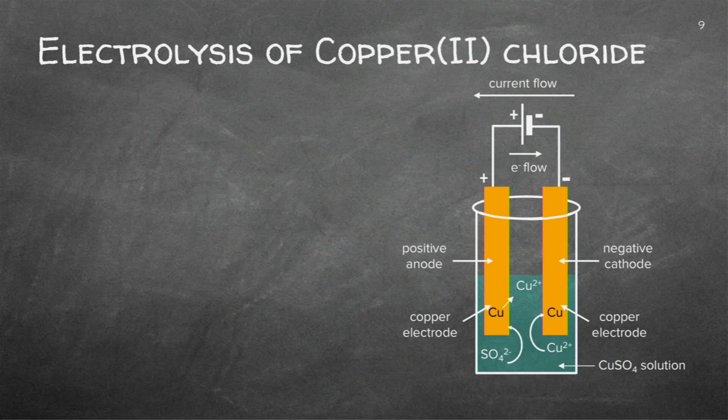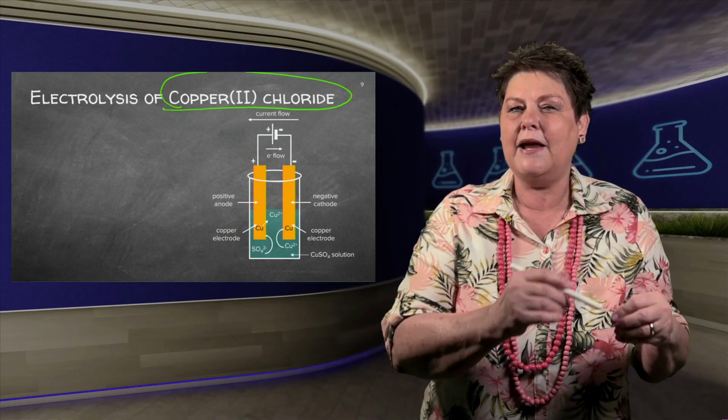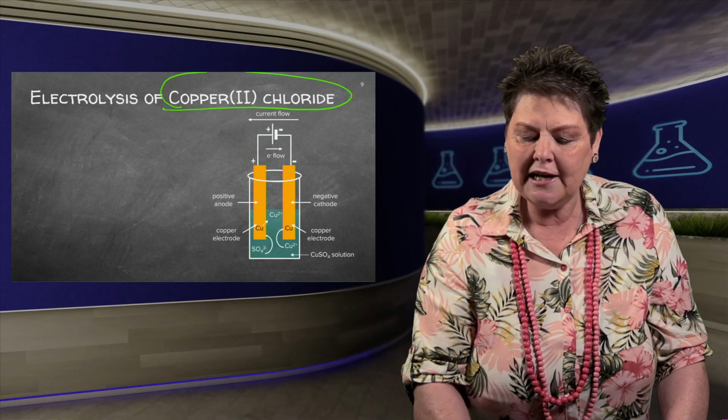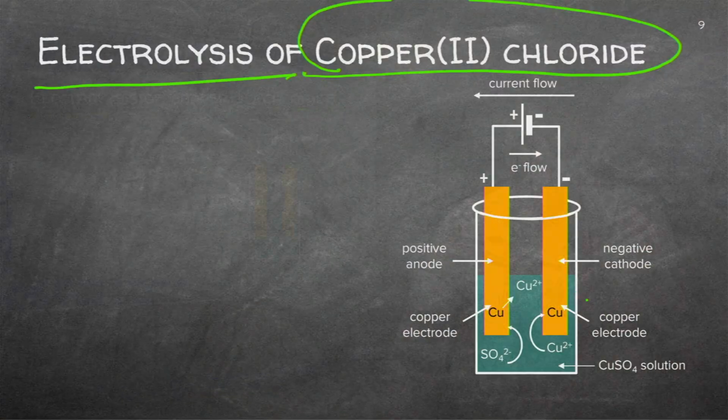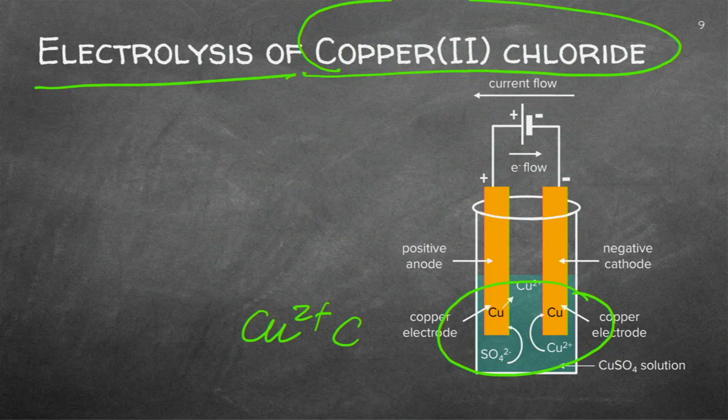Right, a third example. If I've got copper 2 chloride, and we've done a similar reaction just now, what will electrolysis do? So I've got in this container here copper 2 plus and chloride ions.